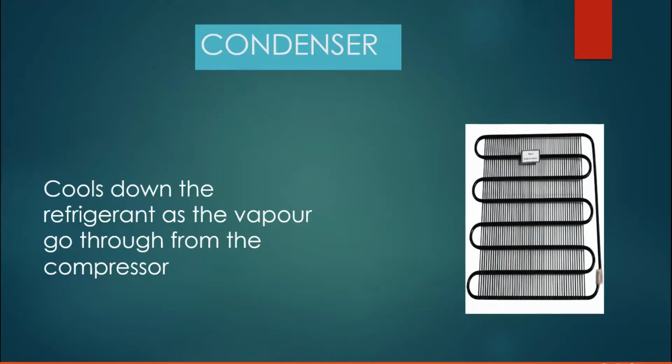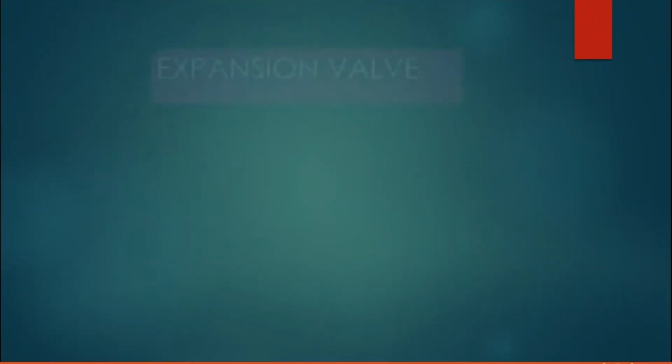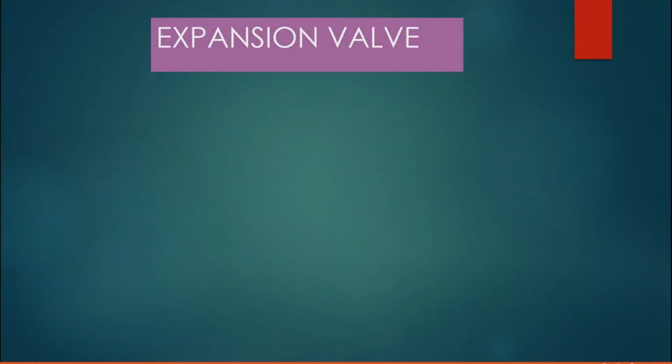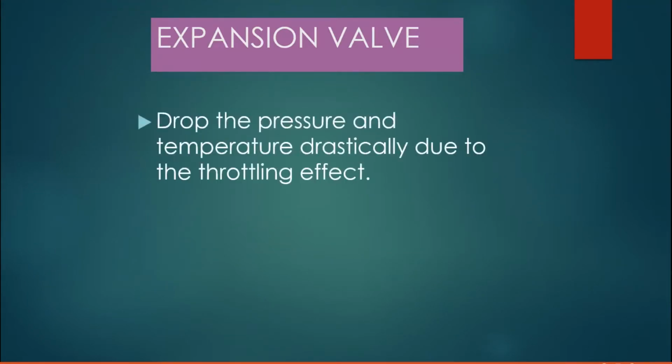So let's continue our discussion about the refrigerator. So the next item in the refrigerator that I will explain is the expansion valve. So basically, as shown on the slide, the expansion valve is a medium that drops the pressure and temperature drastically due to the throttling effect.